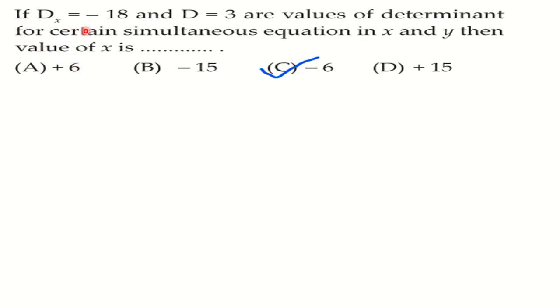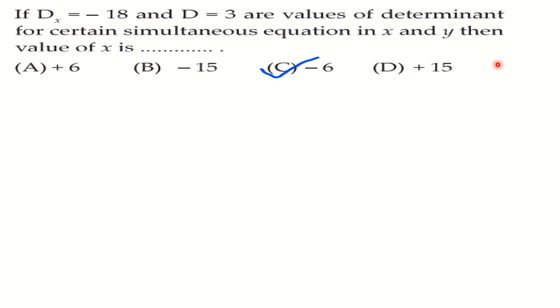If dx is equal to minus 18 and d is equal to 3 are the values of determinants for a certain simultaneous equation in x and y, then the value of x is. This question is based on Cramer's rule. All of you know Cramer's rule, that for Cramer's rule we find three determinants d, dx and dy.